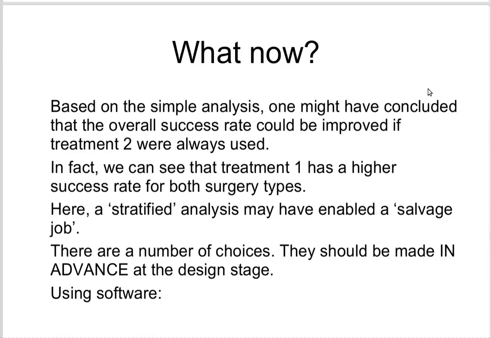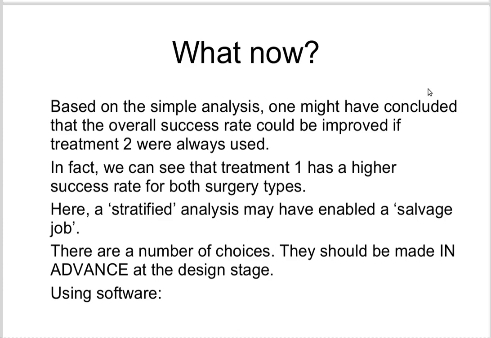Okay. Based on the simple analysis, we might have concluded with this study that the success rate could be improved if one received treatment 2. But now we have, in fact, seen that if we were to identify the surgery type, we get the opposite.